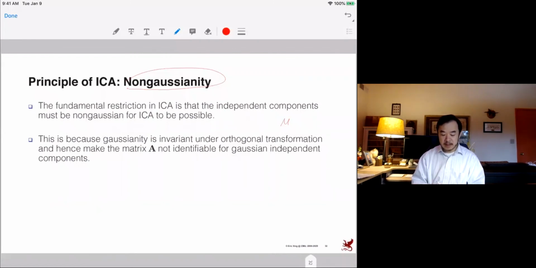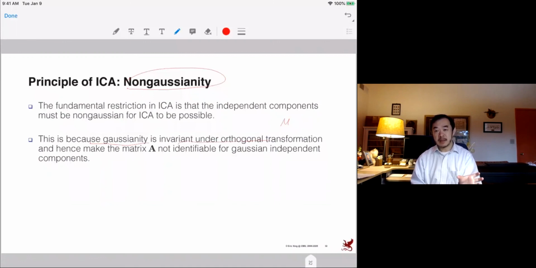Well, the intuition is that being Gaussian is invariant under orthogonal transformation. As I just mentioned, in the case of factor analysis, you can see that this kind of rotational orthogonal transformation is not affecting the estimation of the lambda.